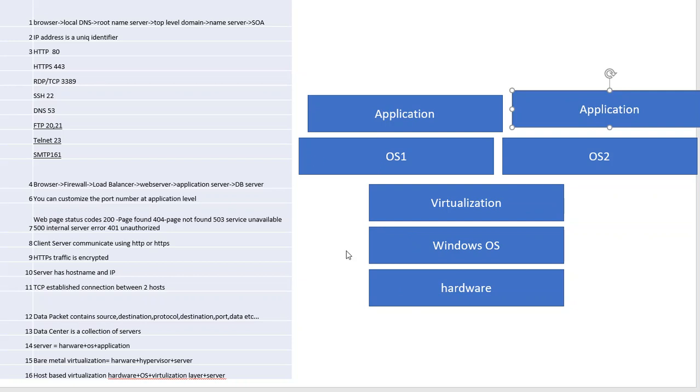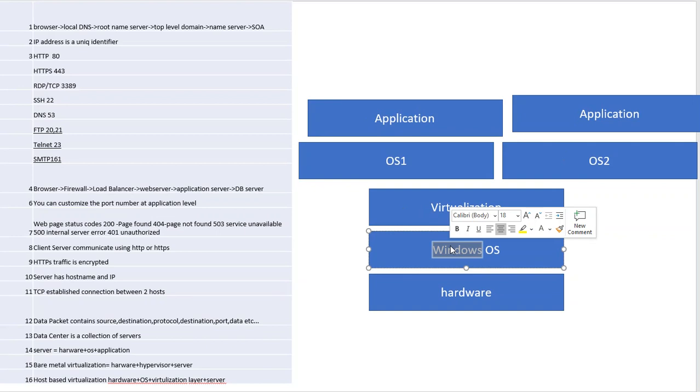So whatever I told you till now is called host-based virtualization. Instead of that, I have only hardware, and on that I will install a hypervisor. So no OS, only the hypervisor I will install directly. And on top of that virtualization layer, I can install different OS levels.